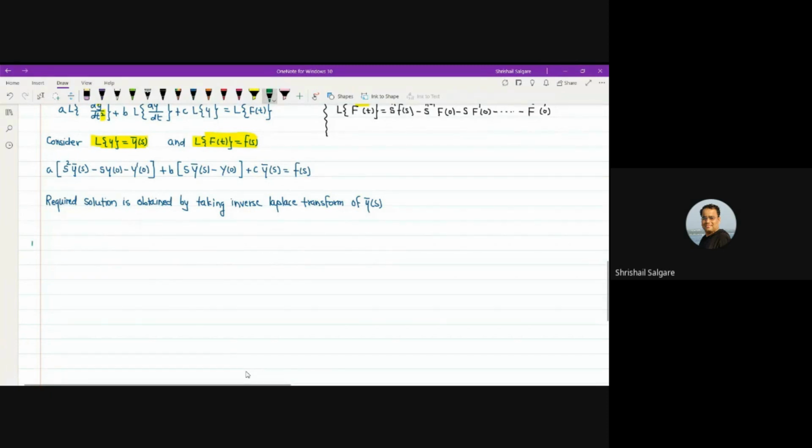Suppose the first example, and this is the last point. Solve by using Laplace transform method.